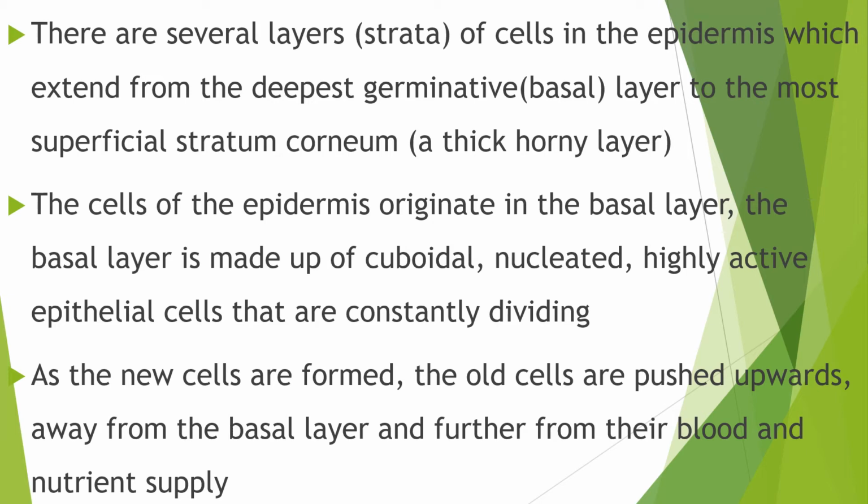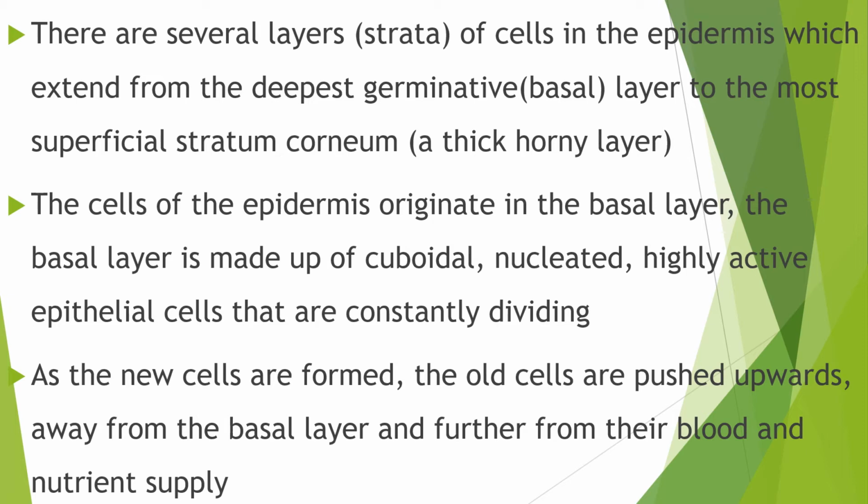So the cells of the epidermis originate in the basal layer. What is the structure of this basal layer? It is made up of cuboidal cells. You will remember the squamous and cuboidal cells.